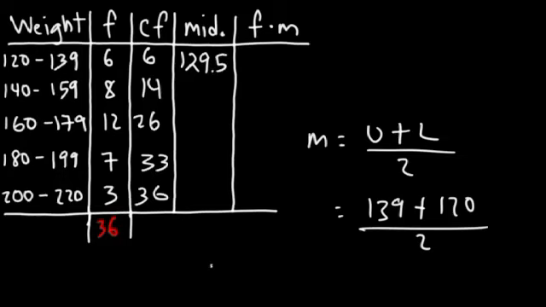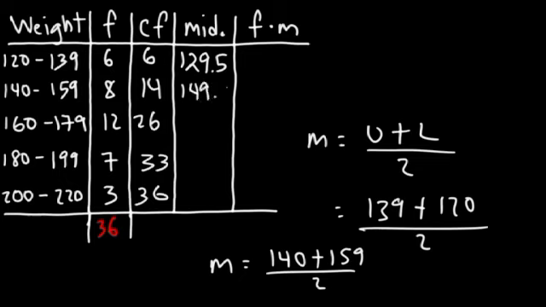Now let's do the same for the second interval. So let's add 140 and 159 and then divide by 2. And so this is going to be 149.5. So we can see that the midpoint is increasing by 20. So the next ones are going to be 169.5 and 189.5.